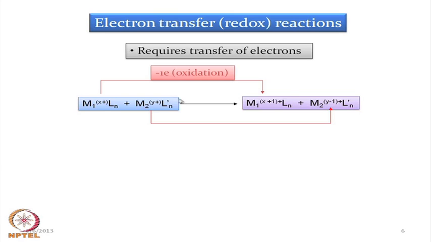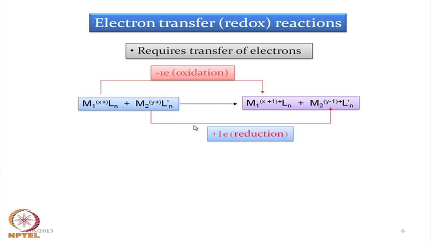In a similar fashion, if the other center is in the Y plus state, for example +3, it will be reduced to the +2 state, that means Y minus 1 plus, following a one electron reduction.